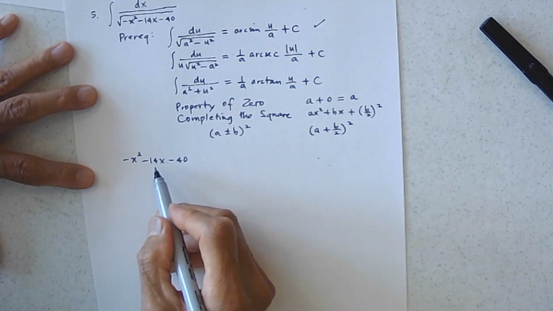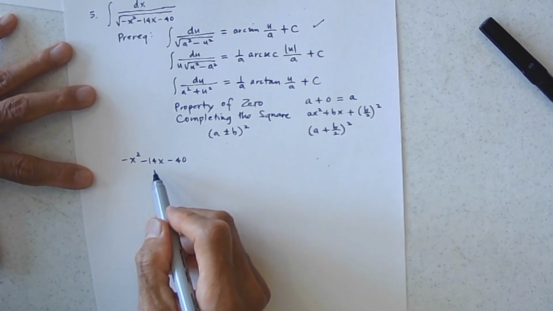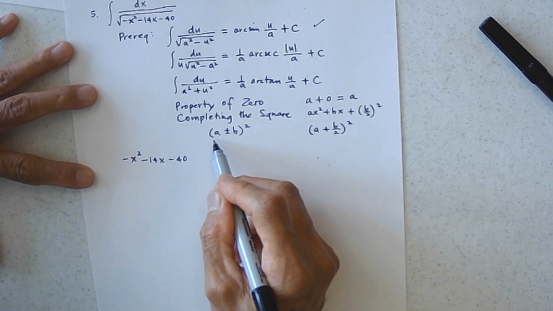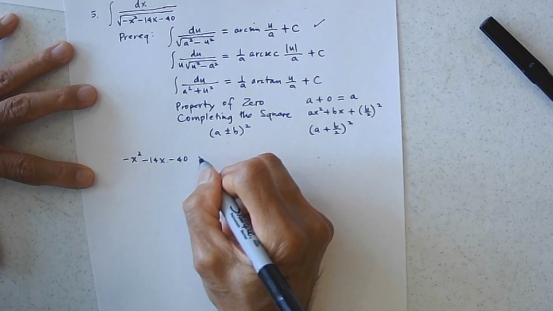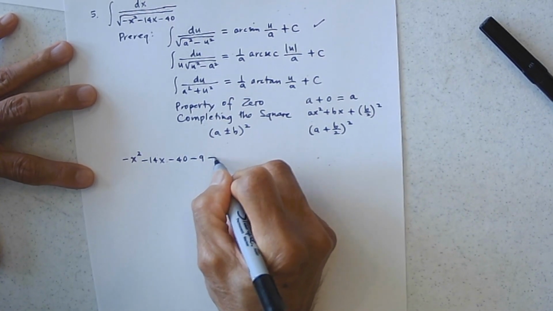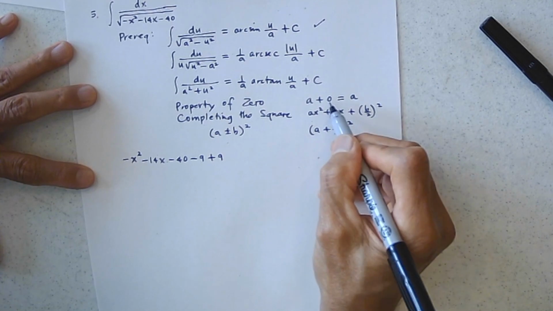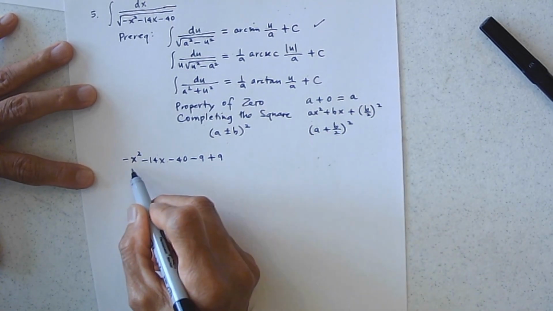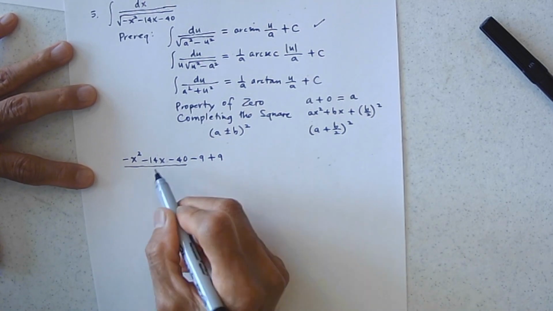Well, I noticed that if I add a 9 and subtract a 9, I'll be able to transform this into a perfect square. So if I subtract a 9 and add a 9, I'm literally adding 0. So I'm not changing the value of this original trinomial.